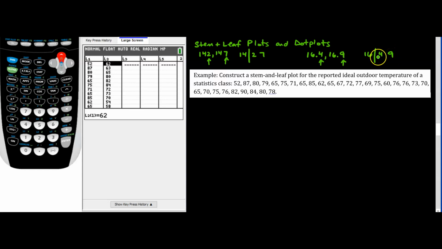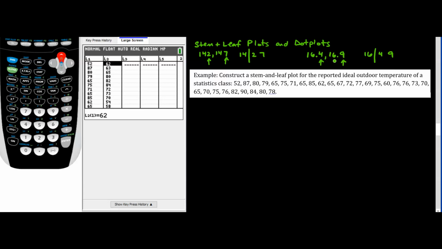Notice that I'm not putting in here 0.4 and 0.9, but this actually represents 16.4 and 16.9 given the context that we're working within. So this is not 164 and 169, it's 16.4 and 16.9. So your stem and leaf plots are actually specific to the context of your data.